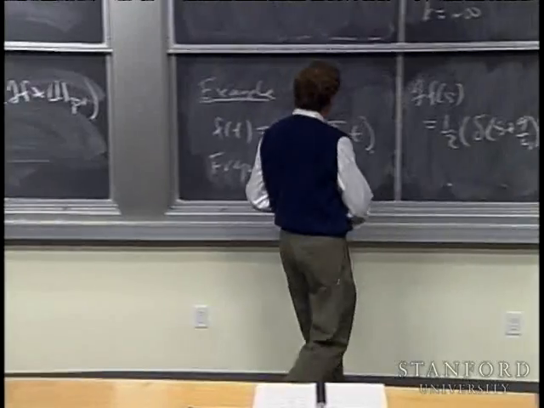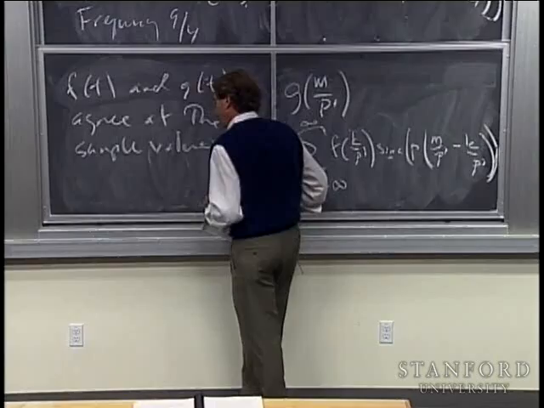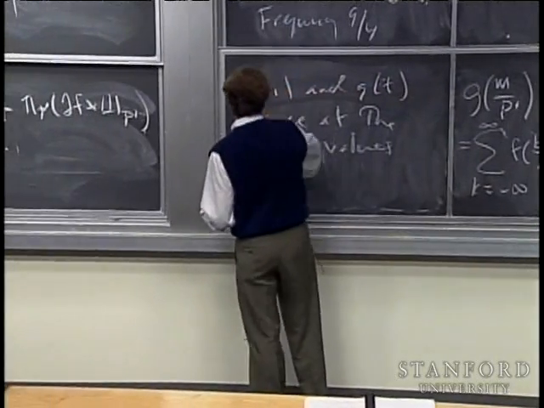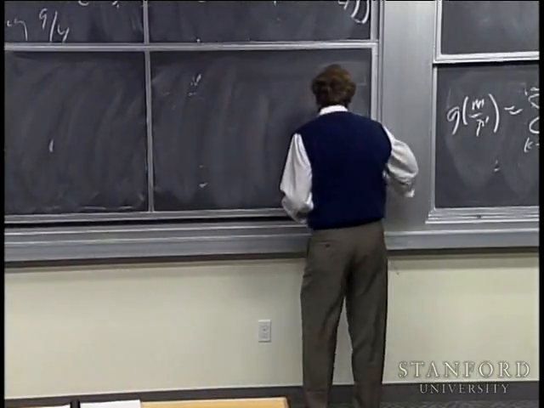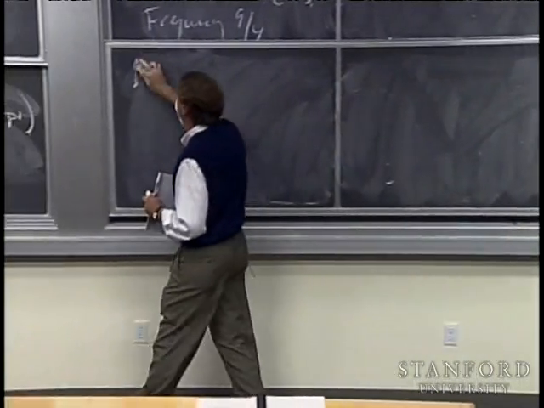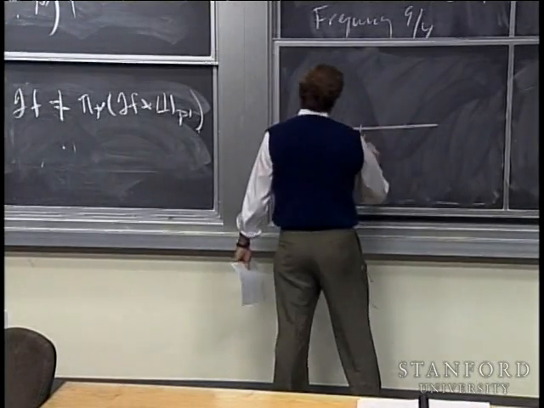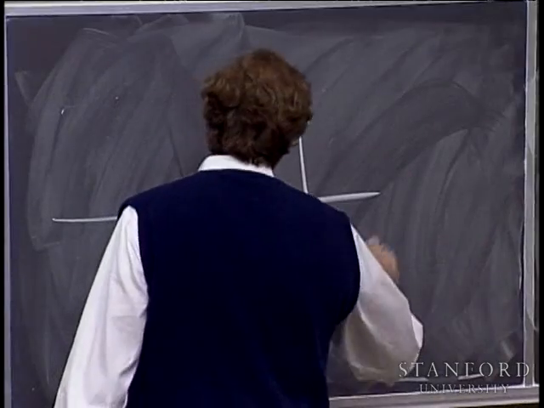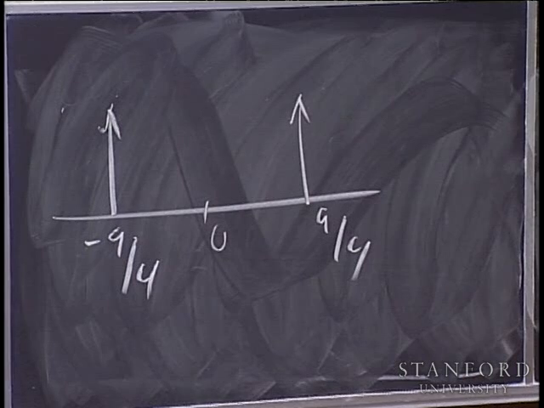So, what's the picture? Here's the Fourier transform. Here's 0. There's a delta at 9/4 and a delta at minus 9/4. Now, a little tricky here, and this is discussed in the notes, that I'm going to skate over now.